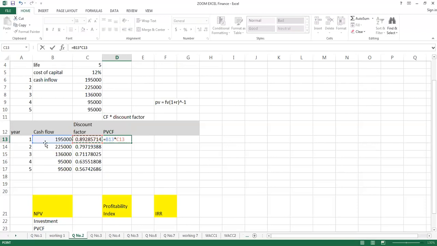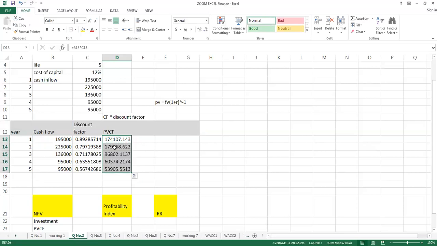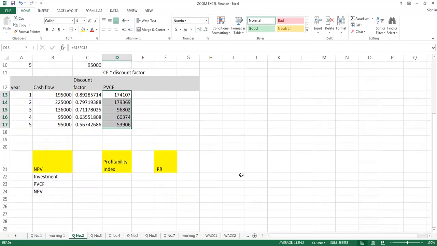Once you take cash flow and multiply it by the discount factor, your resulting answer will give you present value of cash flow. Then student, you simply drag it, you will get present value of different years. If you don't like decimals, then you can remove it.